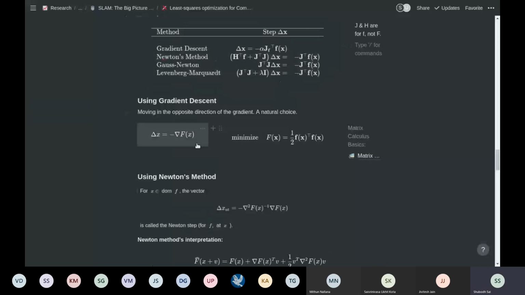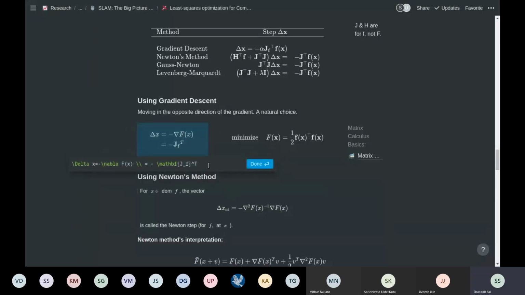So from here, I hope it's clear. Your Jacobian, so this gradient is nothing but minus of... I hope that's clear.